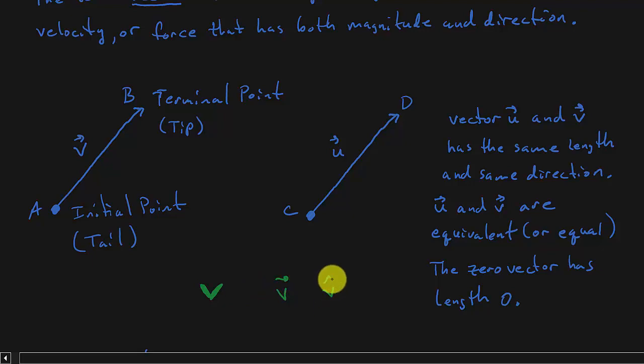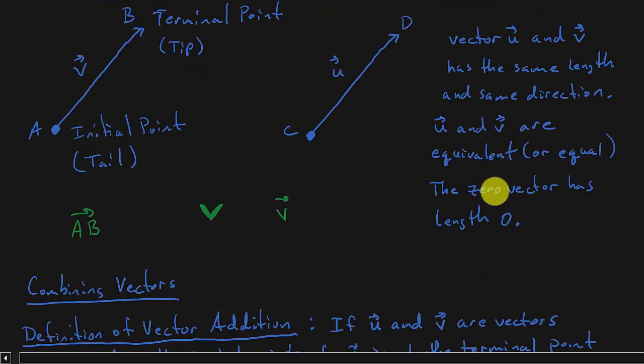You may also see it with a hat, but I do it with the arrow above the letter, and that represents a vector. Another way to represent this vector v is as vector AB, with the initial point to the terminal point and the arrow over it.